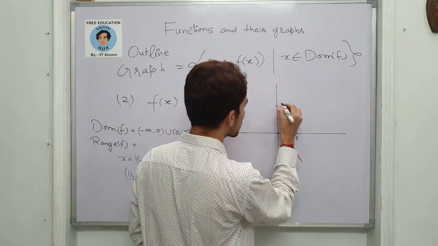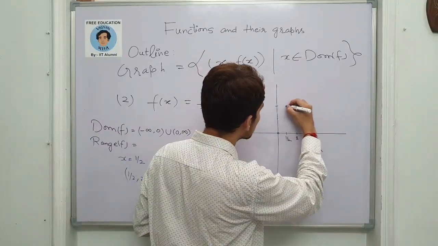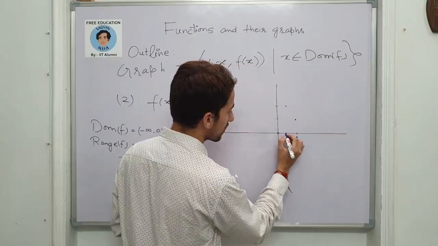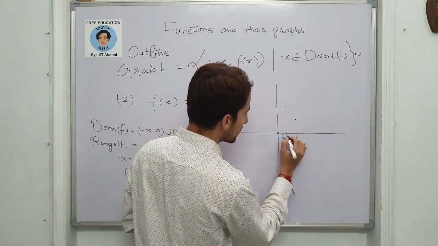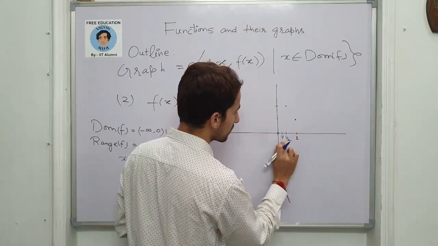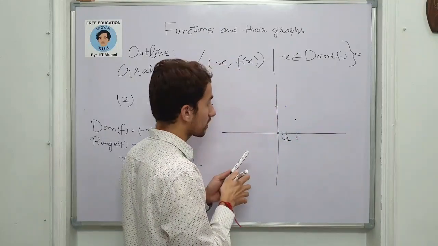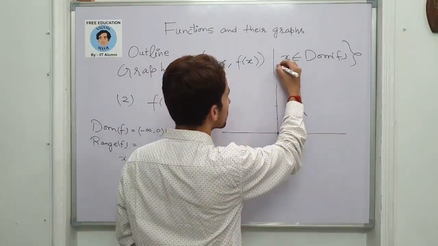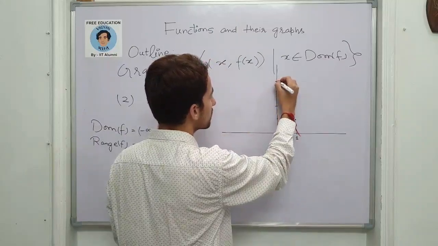If you choose 1 by 4, then the output is 4. If I now extend this, the output is somewhere here.